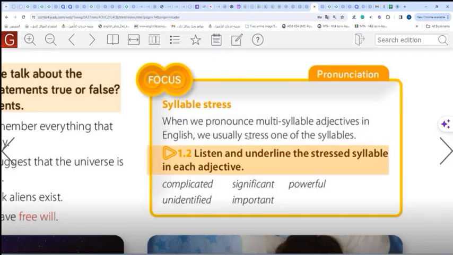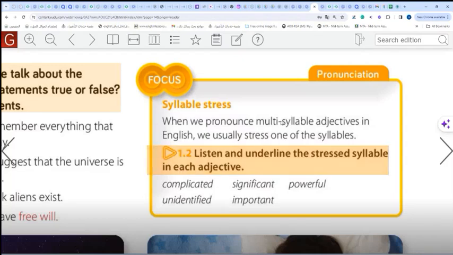For example, complicated, significant, powerful, interesting. So how many syllables do these words have? When I say, for example, interesting, so three.